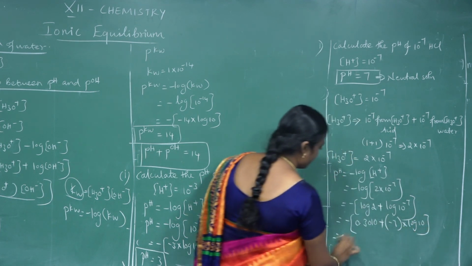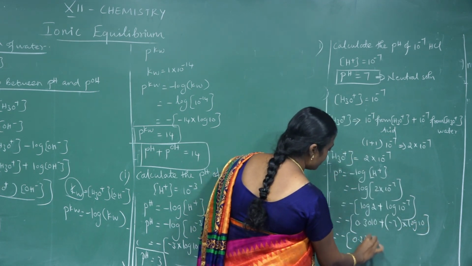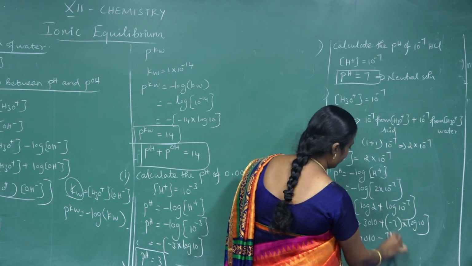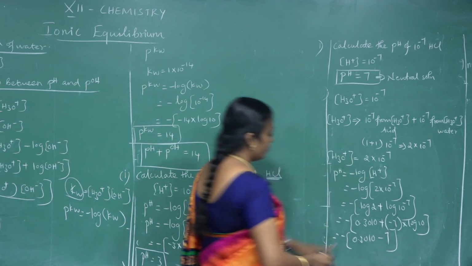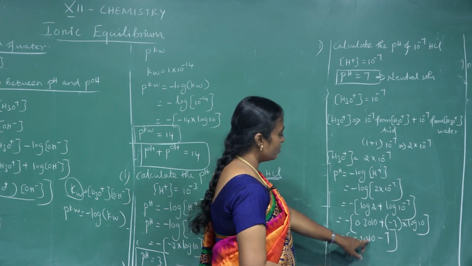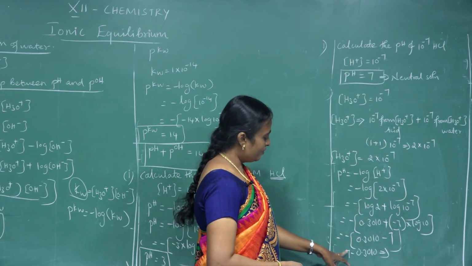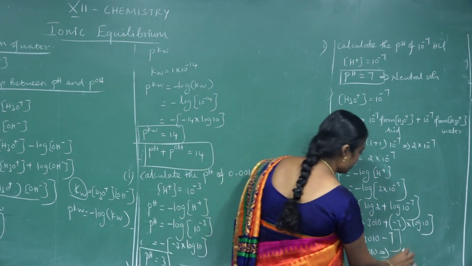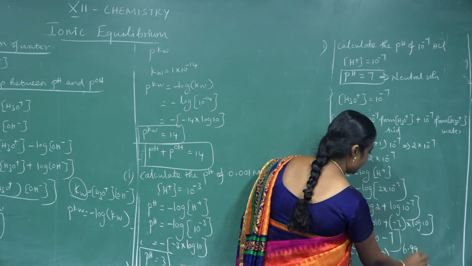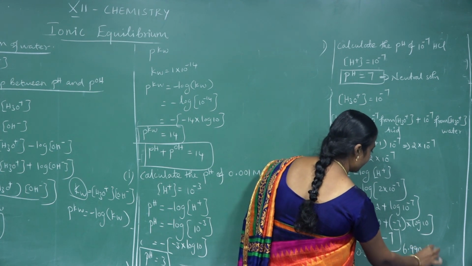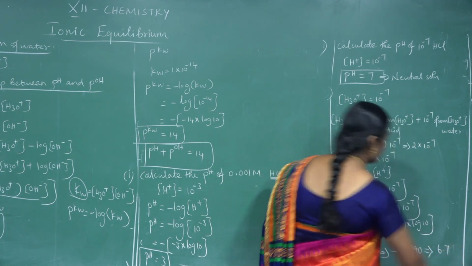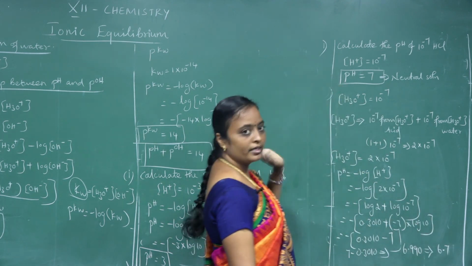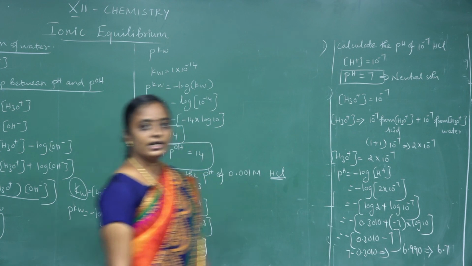So anyway you are going to get 0.3010 here and minus 7. So, if you take 7 minus 0.3010, you will get 6.990. So, that is approximately 6.7, which is less than the value of 7. So, that will be considered as an acid.